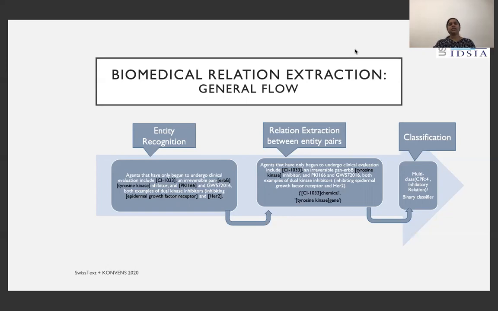So this can be modeled as a classification task, which can be either a multi-class classification or a binary classification task.